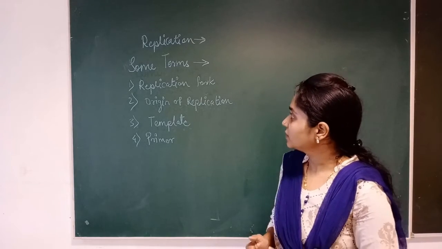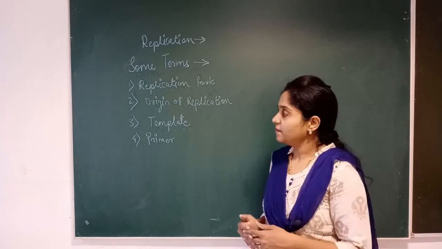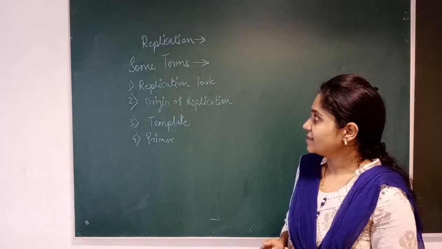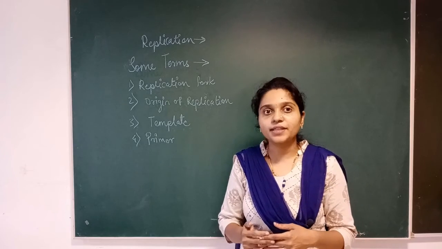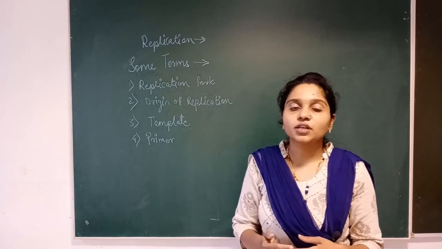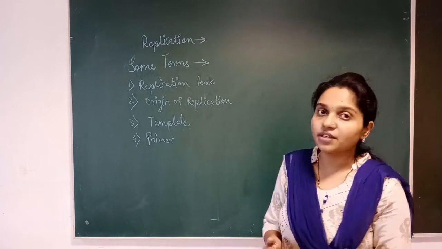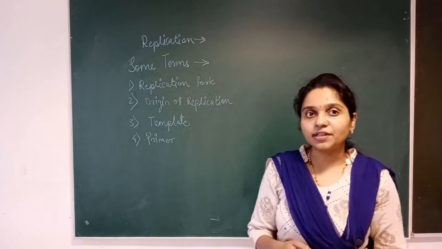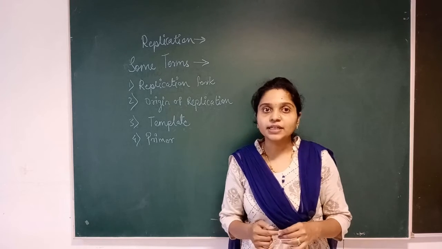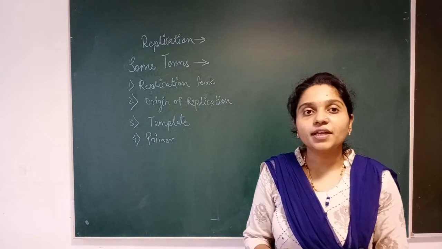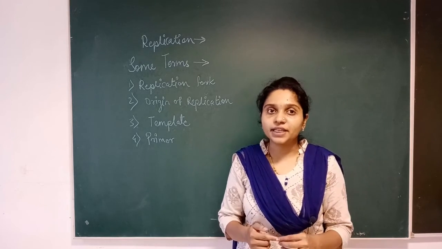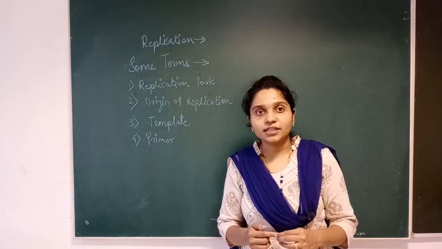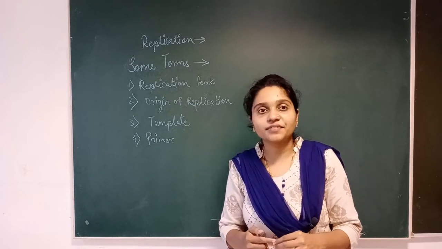Some terms are important to know. The first one is replication fork. When replication is going on, this structure is formed within the nucleus. The second one is origin of replication. It is the site where replication starts, the start point of replication.